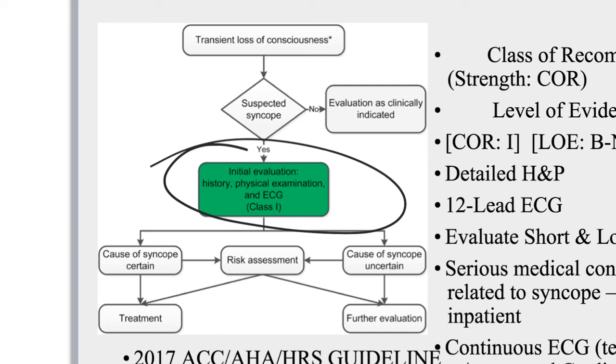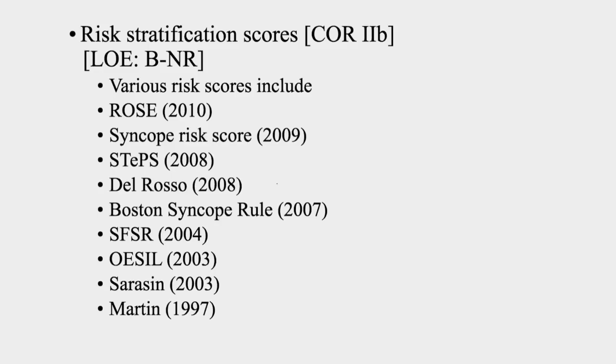So one-third of cases of syncope are undiagnosed, but out of the two-thirds that are diagnosed, half of those, or one-third of the total, will be diagnosed from the history, physical, and ECG. Now, the next thing is you can do a risk stratification score for people that have suspected cardiac causes or otherwise. This is a Class 2B recommendation with level of evidence B.